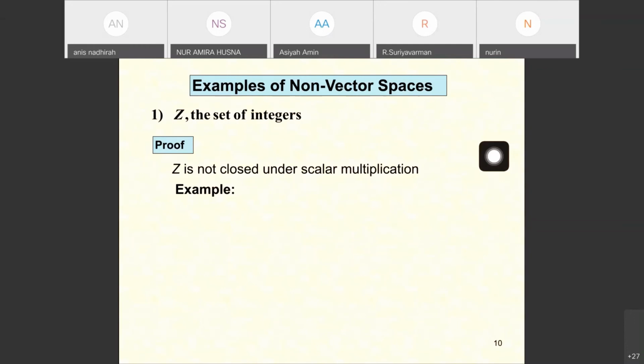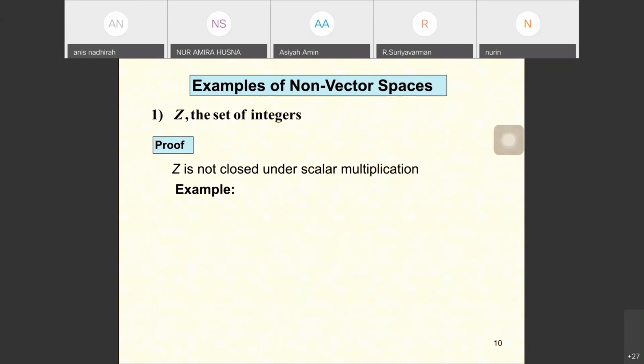Doctor, ya, let me try. Okay. Cepat, apa dia? If it is not closed under scalar multiplication, but Z is a set of integers, so it should be like, not sure.